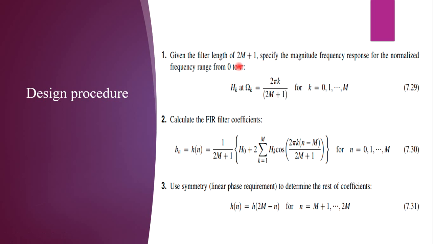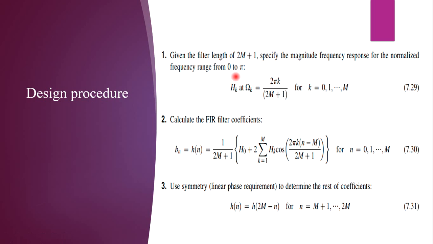We will calculate m from that, substitute in the formula, and then we will calculate sigma k, the normalized frequency, that varies from 0 to pi, because the maximum frequency in a filter in the digital domain is always pi.